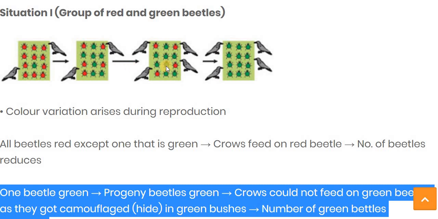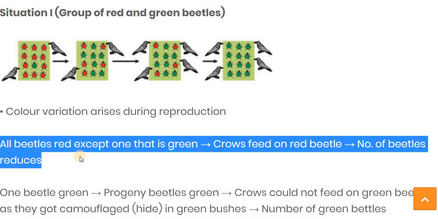Then in the next figure only four red beetles remain, and at the last all the beetles become green. So this is situation number one where evolution arises, and this evolution is due to color variation. The color variation arises during reproduction.